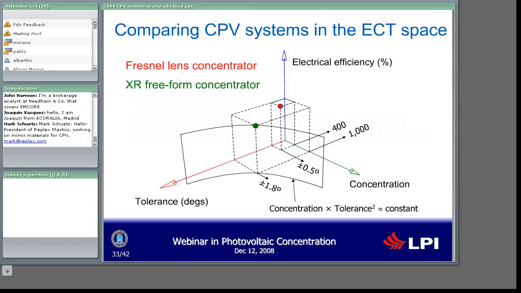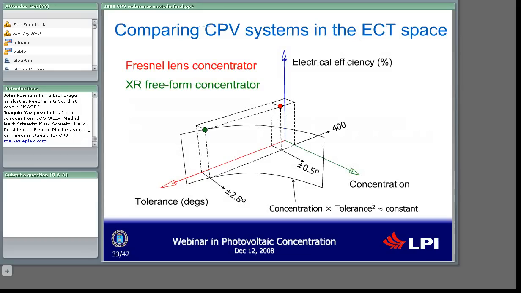Following this rule, we can set the same type of system to provide the same concentration level as the Fresnel of 400, but with a close to plus minus 3-degree tolerance.